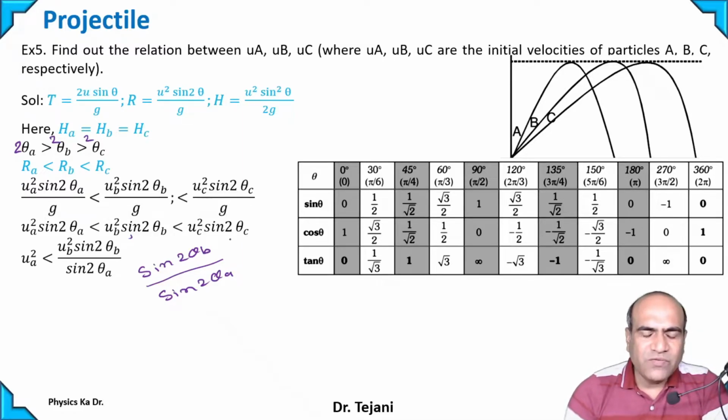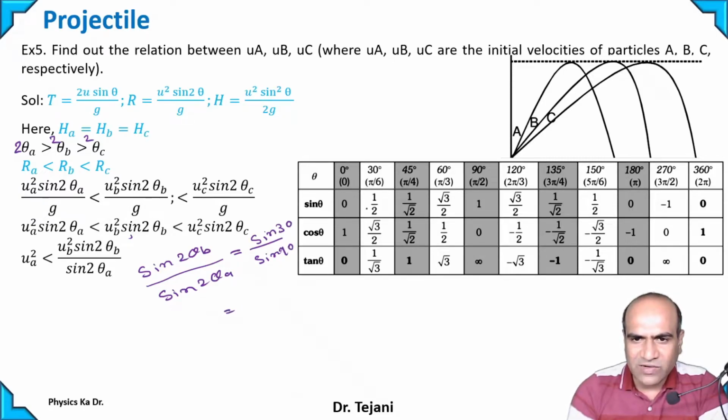So here, if we take 2 theta B, which is smaller, let's take sine 30, and theta A is a bigger value, so let's take sine 90 for example. What is sine 30? It is 1 by 2, and sine 90 is 1, so it is 1 by 2.